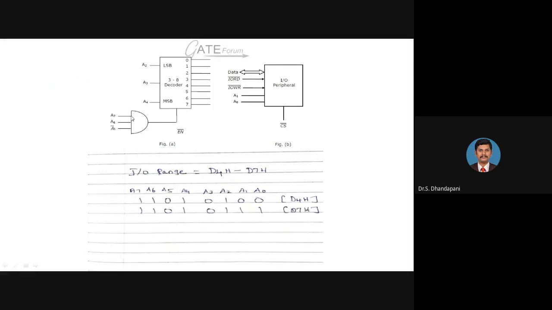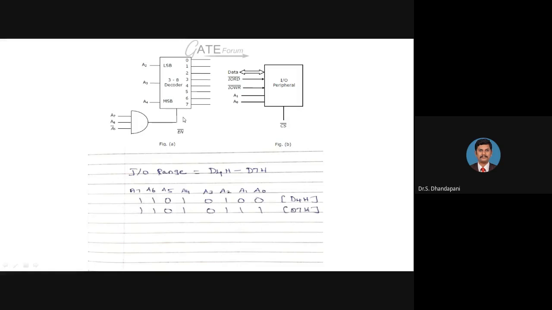Now, for this input, the enable signal A7, A6, A5 should be 110. So only for 110, the decoder output will be selected.